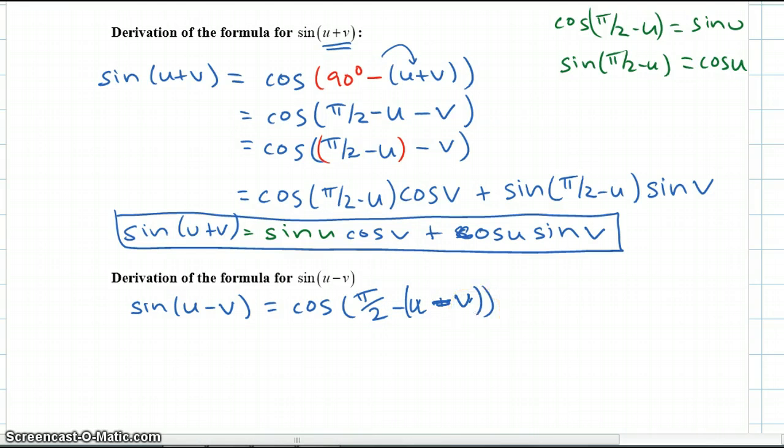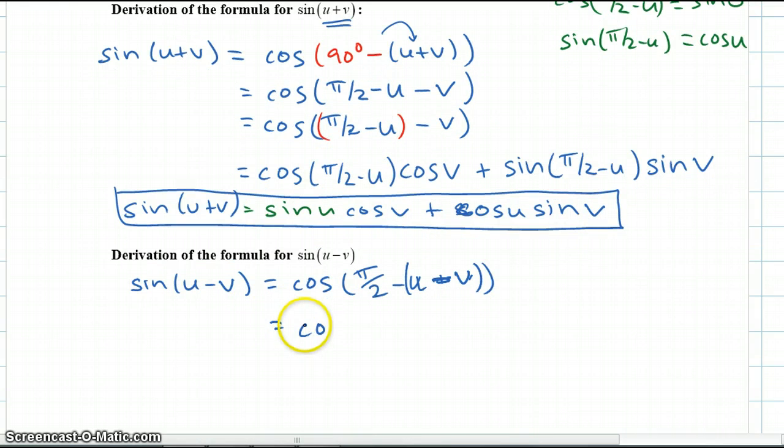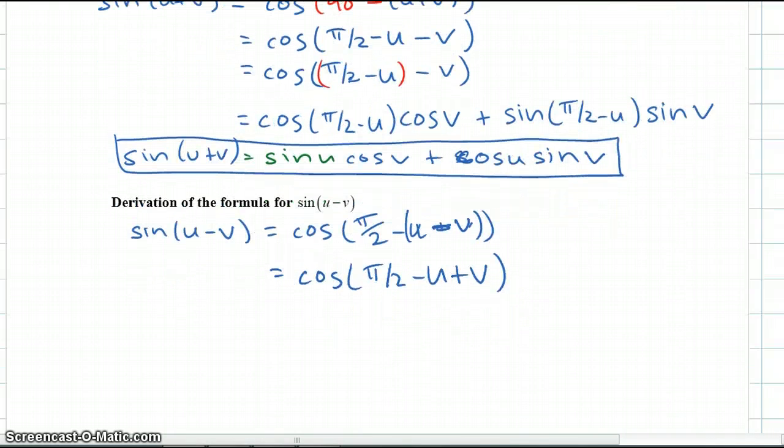Then we can split up that angle again. Remember, the associative property of addition says we're allowed to put in some parentheses and regroup it as long as we remember to redistribute a negative if we have to. So that's equal to the cosine of pi over 2 minus u, that's my first angle, plus v.